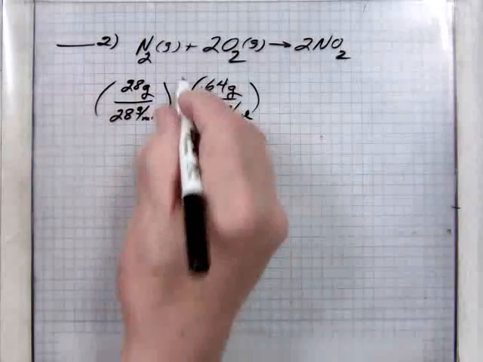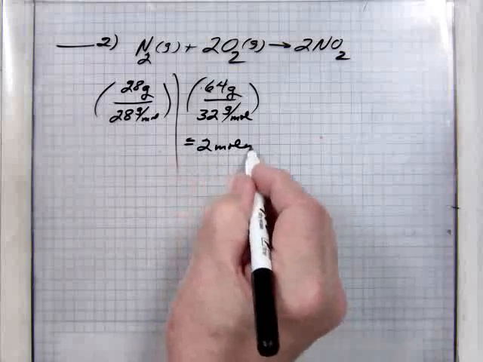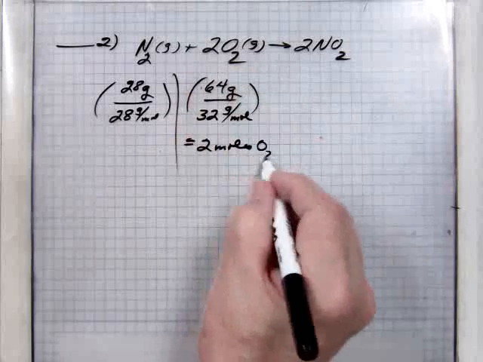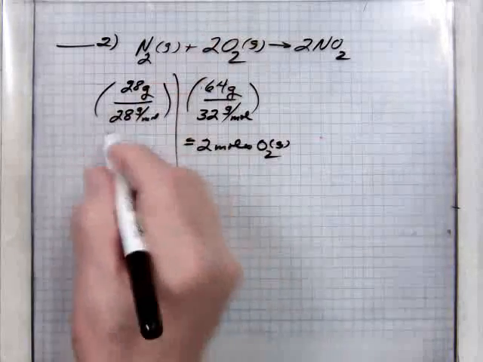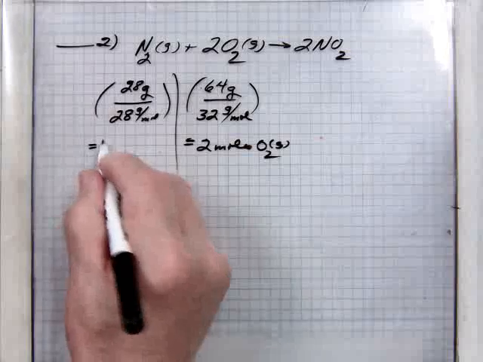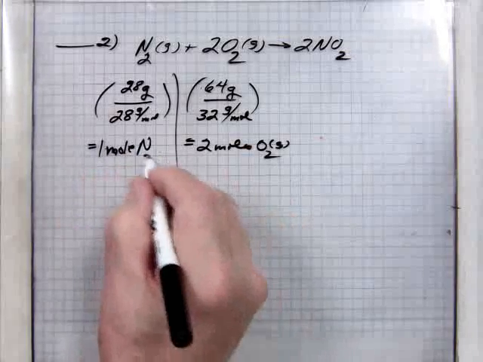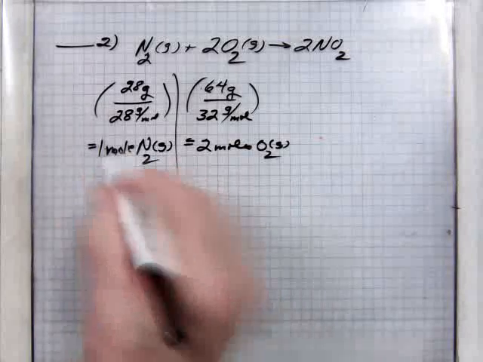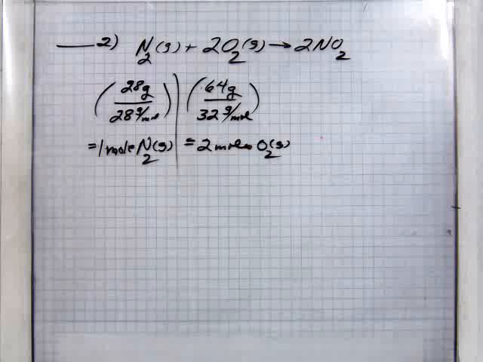And so the computation is 2 moles of the O2 as the reactant, and 1 mole of molecular nitrogen. Well, this is what we call a stoichiometric exact calculation, meaning that moles equal moles.